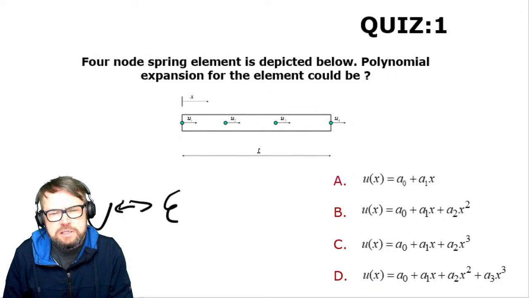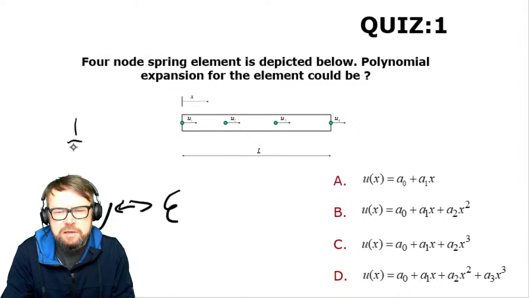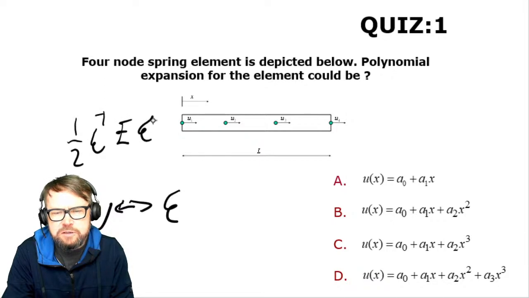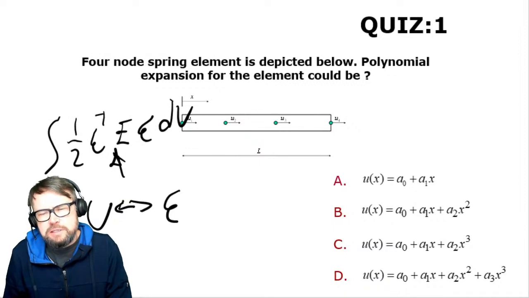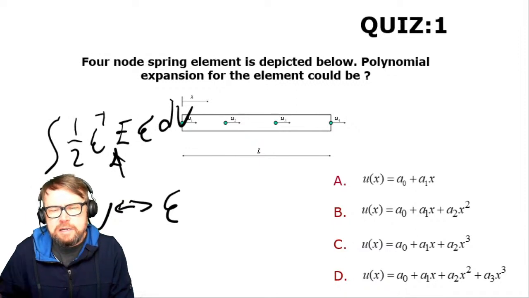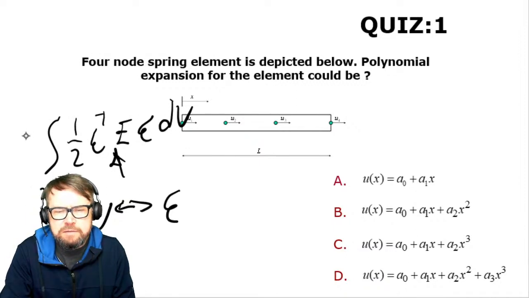We could just compute the strain energy, which, using matrix notation like this, is maybe a little overly difficult, but this is a strain. This is the vector of elastic coefficients, and this is going to be integrated over the volume of the element.